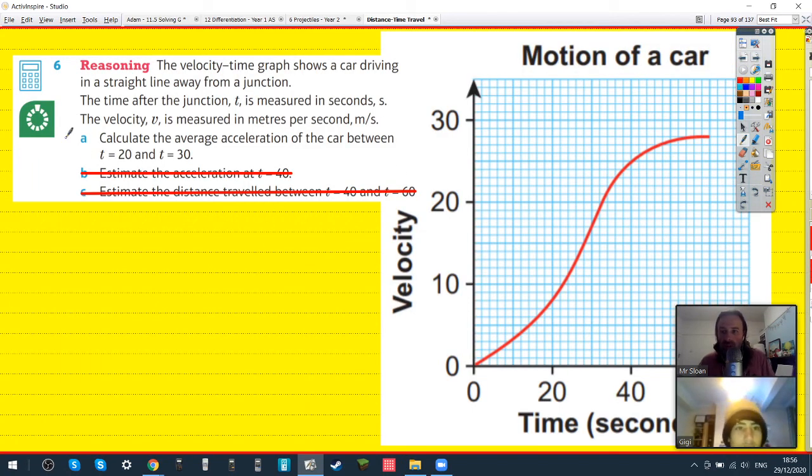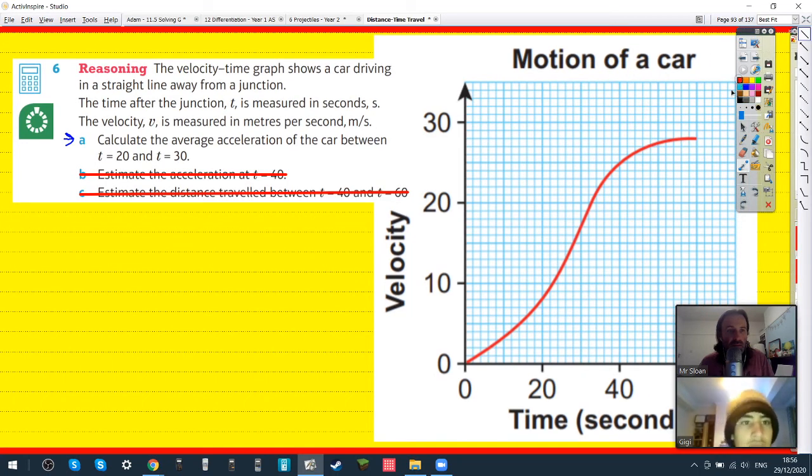Okay, part A. Draw a chord from 20 to 30 seconds.